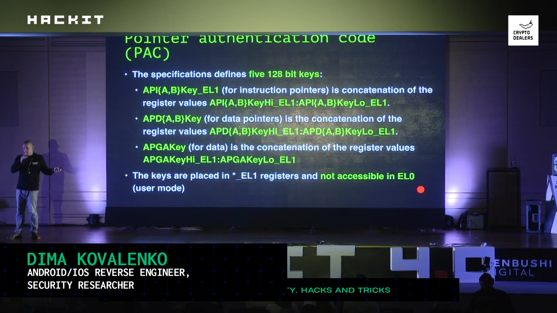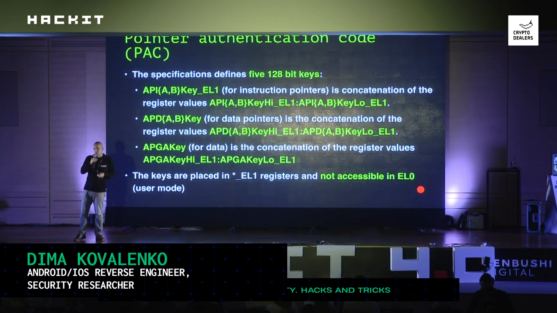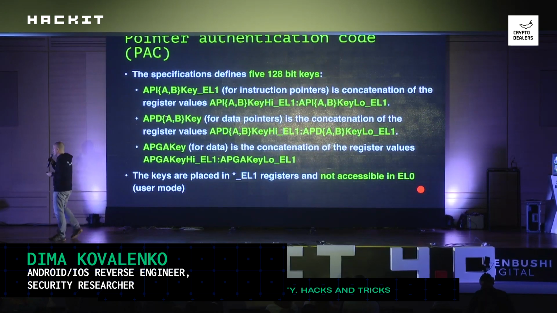About the keys. Well, actually, the keys are stored in exception level 1 registers, so they are not accessible from user mode. It's a good thing to mitigate modern jailbreaks.